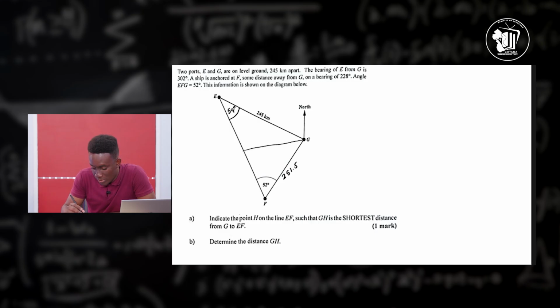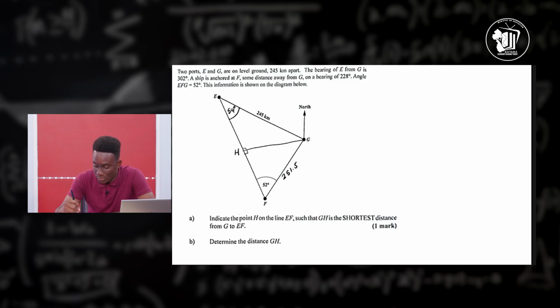So we can draw in a perpendicular line here and call this H. When it's perpendicular, that would be the shortest distance from G to H, because the line doesn't have to bend and go all the way here. When it's 90 degrees, it's the shortest distance. So that is how we indicate that, and that goes to 1 mark.